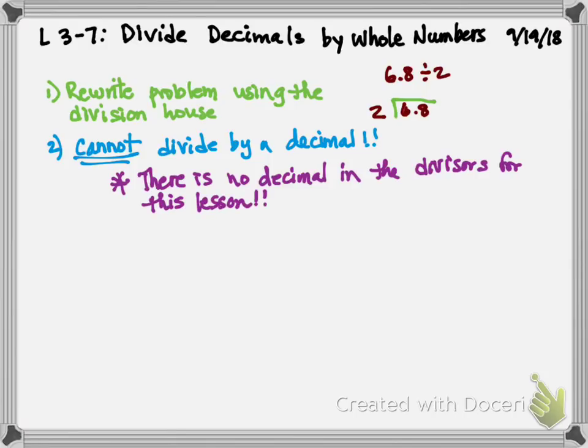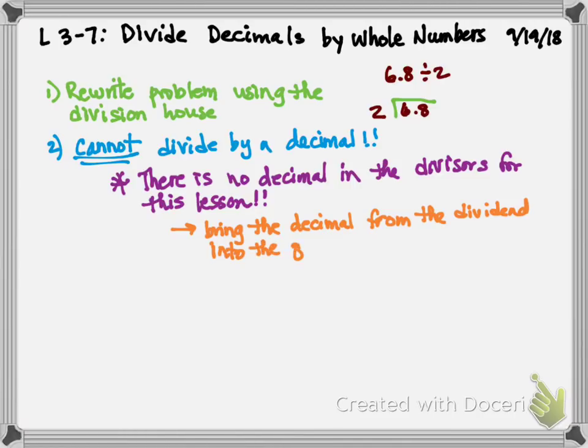So when that happens, what we're going to do, so we just got this kind of waterfall effect, is we're going to bring the decimal from the dividend into the quotient. So you know how when we were multiplying with decimals, we kind of temporarily pretended we didn't have the decimals there?